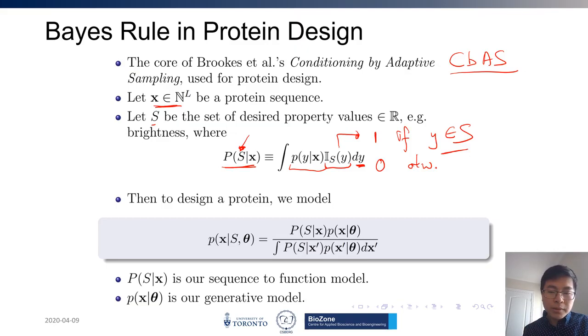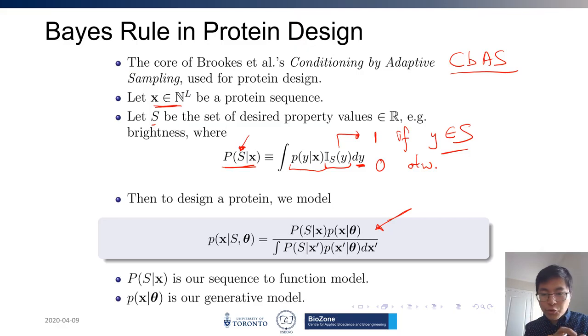So then to design a protein, we're going to model this distribution. Okay, let's take a look at what that means. Given our desired set S, and given the parameters of our model, we're going to find a distribution over protein sequences X. And that's going to be our optimal protein sequence distribution, from which we can sample and generate these optimal protein sequences. So we apply Bayes' rule. After applying Bayes' rule, this is what we obtain.